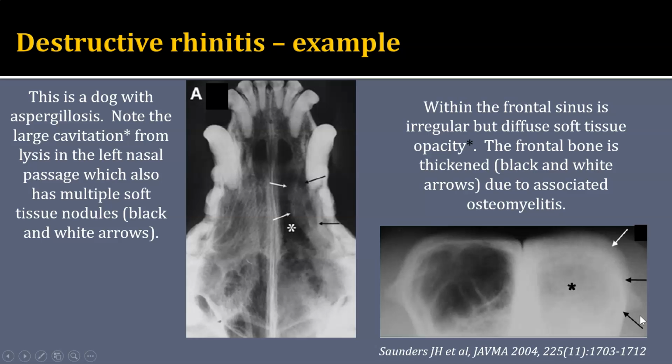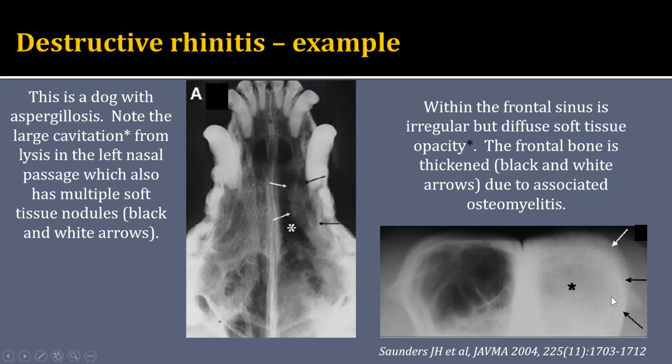Another thing that we might identify with fungal infection, so this is our rostrocaudal frontal sinus view, is that not only is the frontal sinus a predilection for infection, so we have quite a bit of increased soft tissue opacity in this left frontal sinus, but osteomyelitis is also a feature of this.